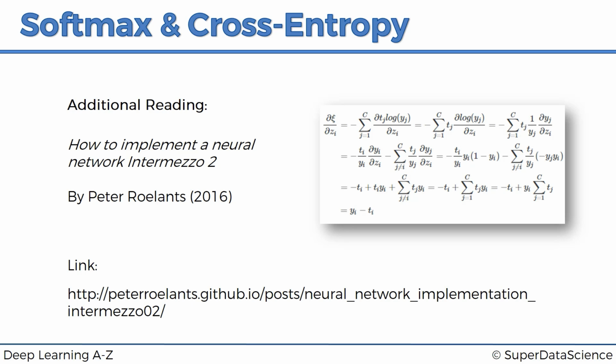He's going through all these steps and then says, oh, I've got to explain this first, and that's why it's called intermezzo. No other reason, as far as I understand. The article is by Peter Roelants, 2016 as well, so both are quite recent. Check this out if you would like to dig into the mathematics behind the softmax and cross entropy.